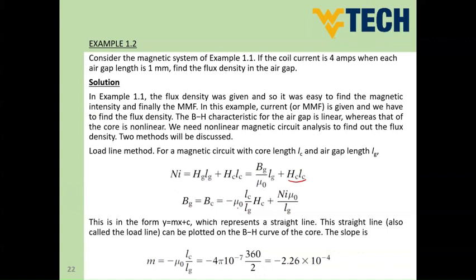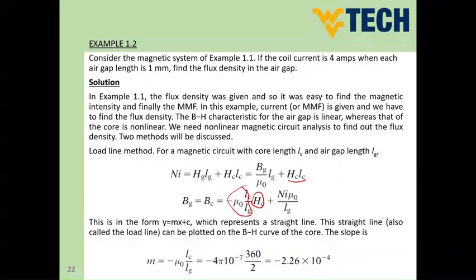What we can do is, this now represents a straight line equation. The H core is the x-axis variable, which means now this is our slope, and this is going to be the intersection with the vertical axis.